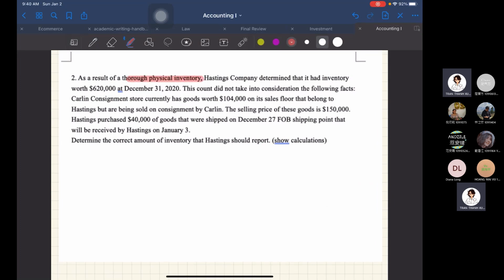So physical inventory. It mentions the inventory quantity was 620,000 in December.